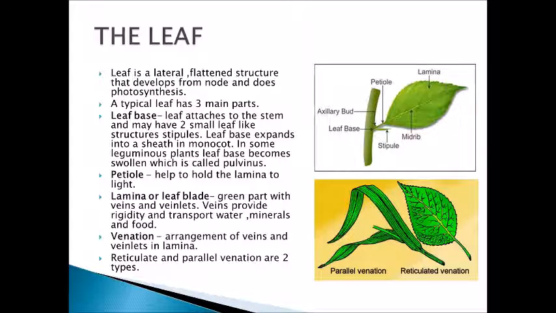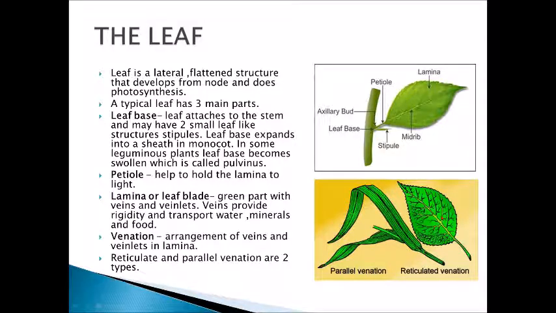The next part is venation. Venation is nothing but the arrangement of veins and veinlets in the lamina. There are two types of venation. One is reticulate venation. You can see this is the main midrib.